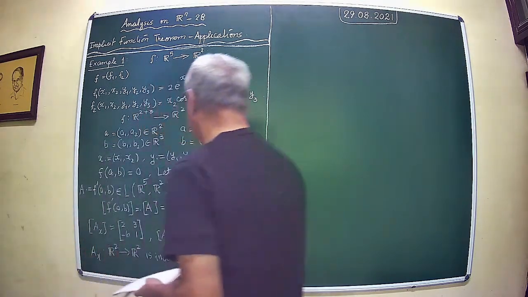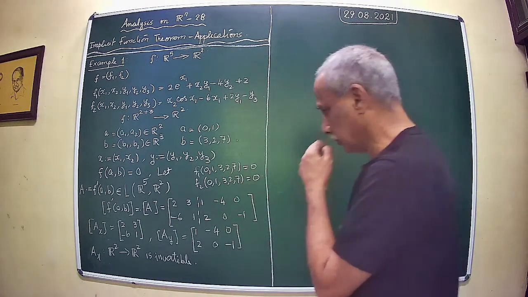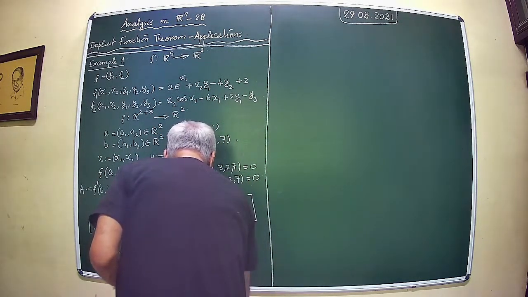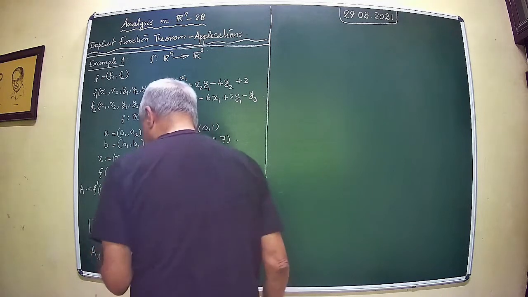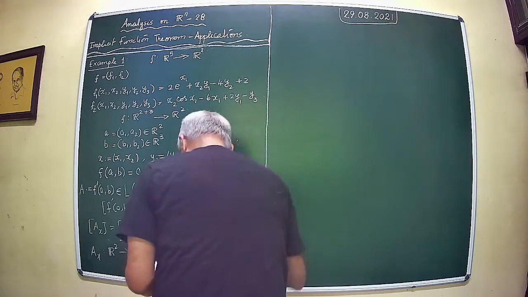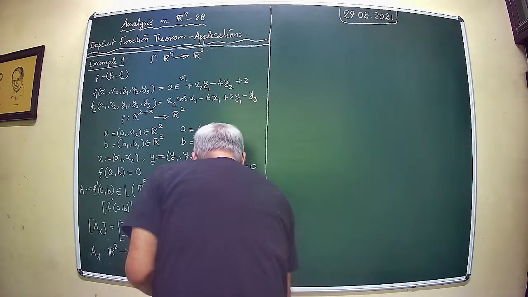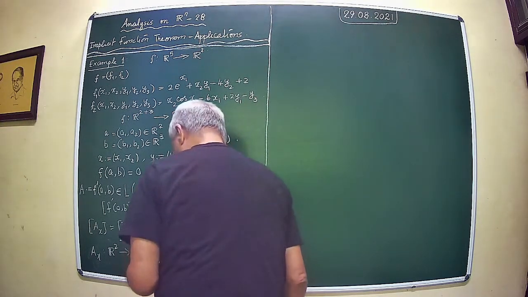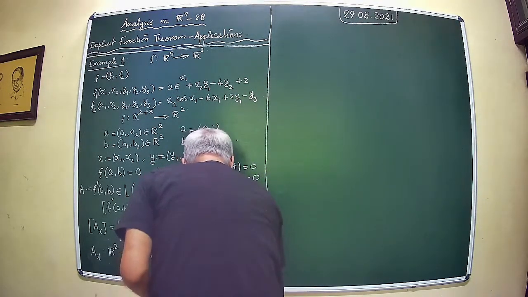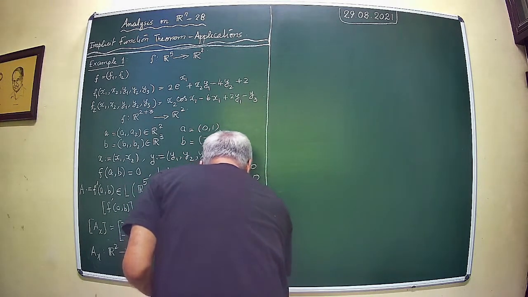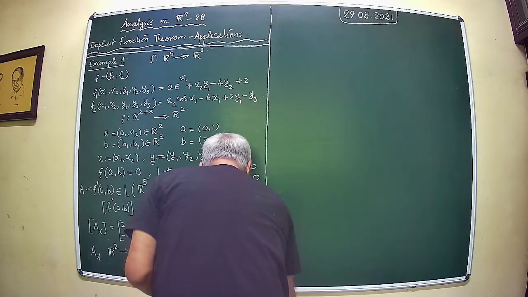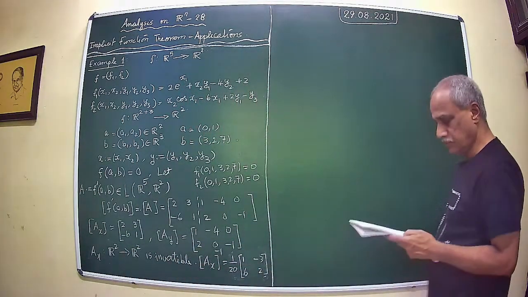You just check the determinant of Ax to see that it is not equal to 0, and what you have is this Ax inverse is equal to, put it this way, 1 upon 20 times (1, minus 3, 6, 2). That is Ax inverse.